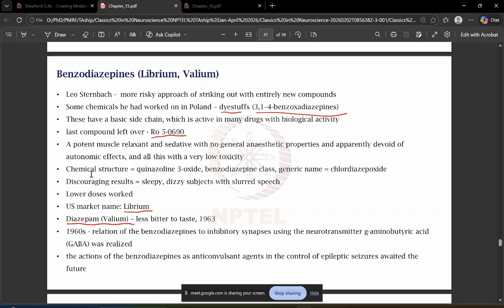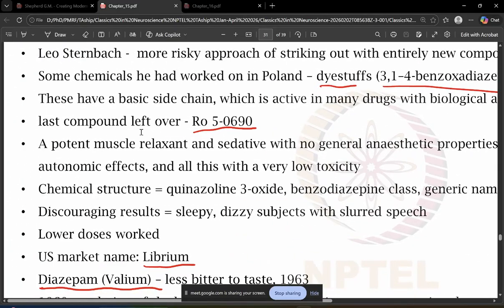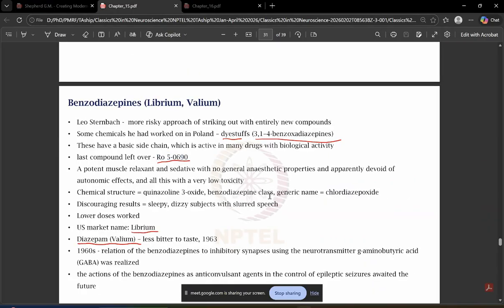But one day, while he was cleaning out his place, I think his laboratory, he saw that there was this one last compound that was left, called Ro 5-0690, and that had not yet been tested.